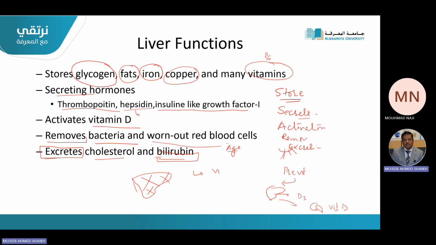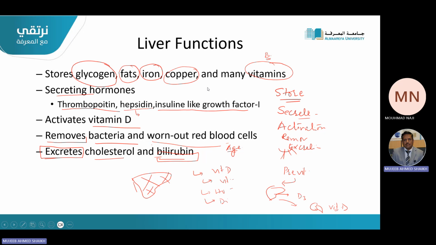There will be deficiency of vitamin D, of the stored vitamins, of hormones, thrombopoietin or other hormones. There will be improper digestion, absorption or metabolism of various food elements. All this will happen if the liver function is improper or the liver is damaged. So that's why we have to remember the functions of the liver.